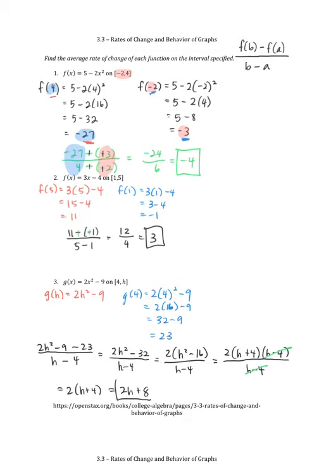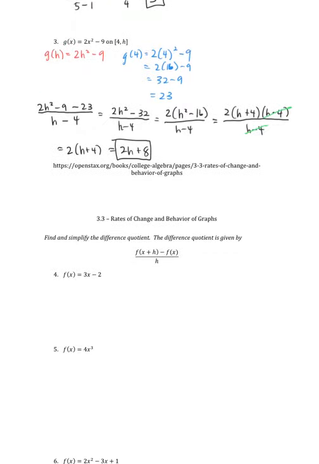That will be your average rate of change on the interval 4h. So again, since we had an h to plug in, we're going to get an expression. Usually that's what happens. Okay, so that's finding a rate of change given a function and an interval.